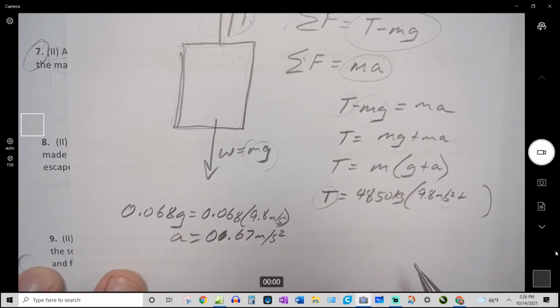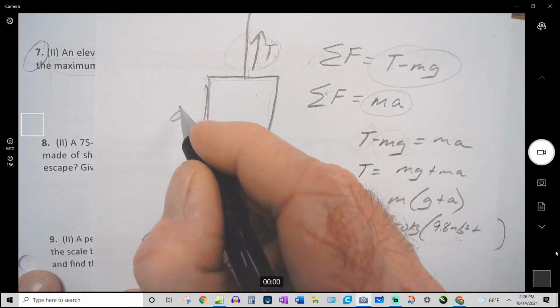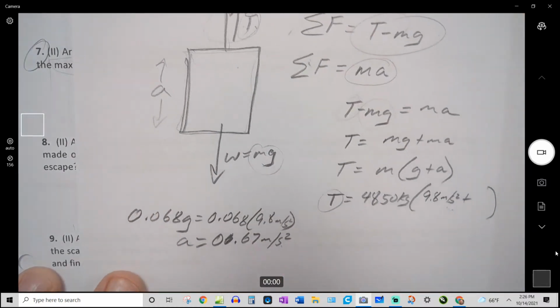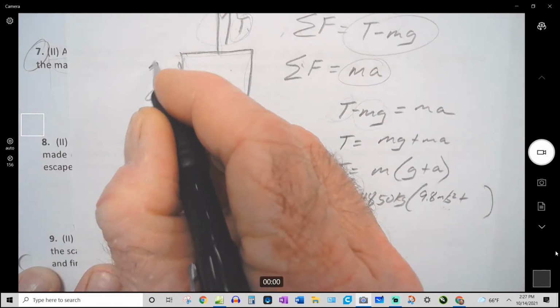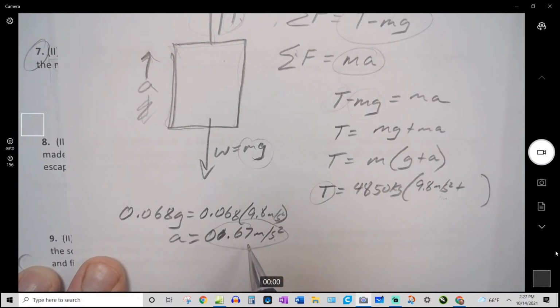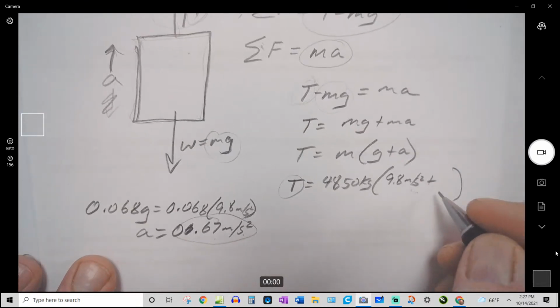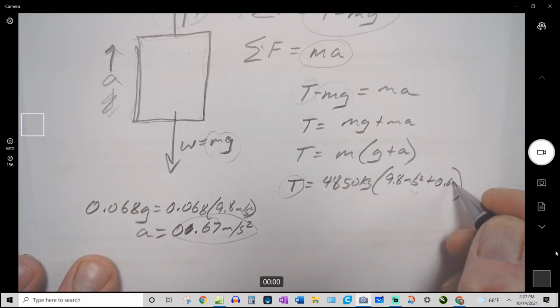0.67. I just rounded. 0.67 meters per second squared. So that is actually the acceleration. And what do we want to do first? Do we want the acceleration to be up, or do we want the acceleration to go down? Do you care? Let's make it upward right now. So if the acceleration is upward, is this going to be positive 0.67 or negative 0.67? Positive. So I'm just going to leave 0.67 meters per second squared.